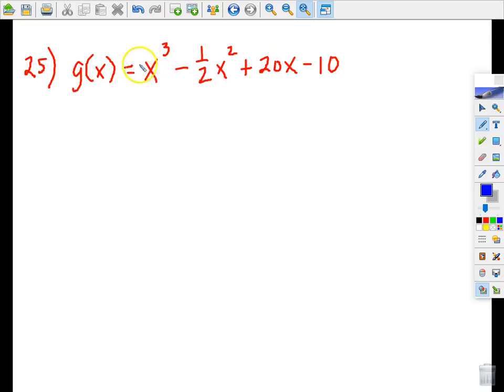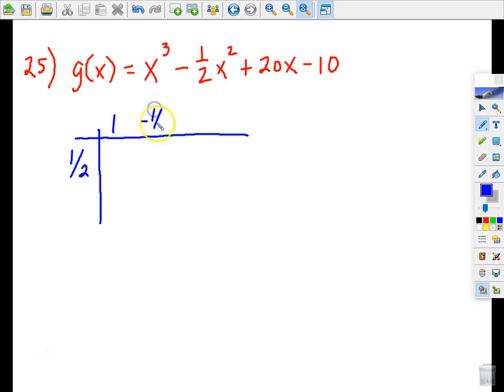Okay, let's take a look. 1 times negative 1/2, that is negative 1/2, times 20 is negative 10. That's very nice, because when I set up my table, I'm only going to need to put one number to use in my test, and that's going to be the opposite of whatever's in front of x squared.